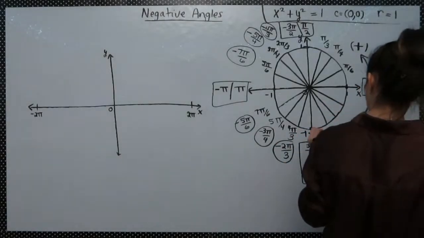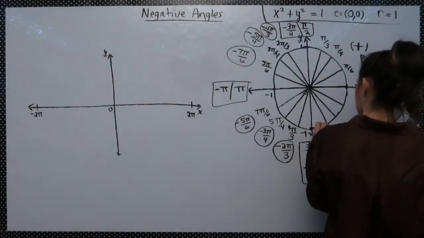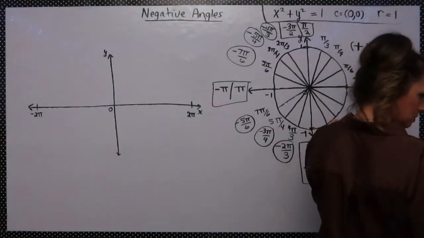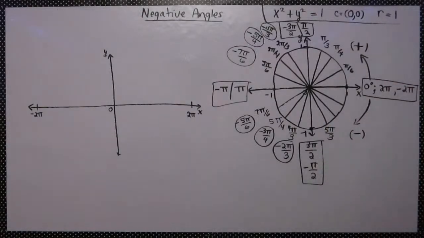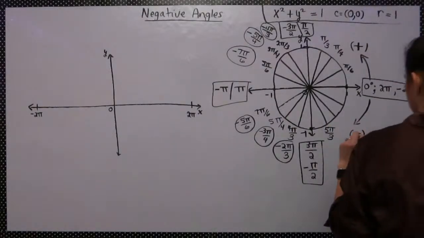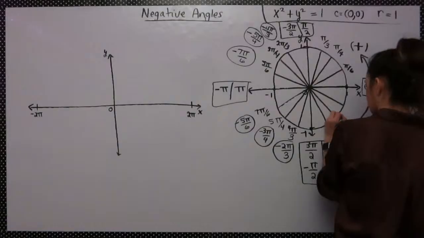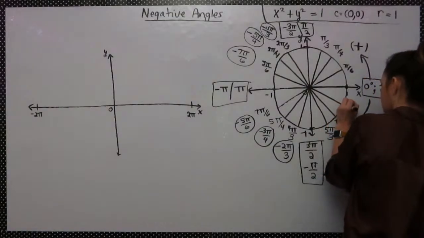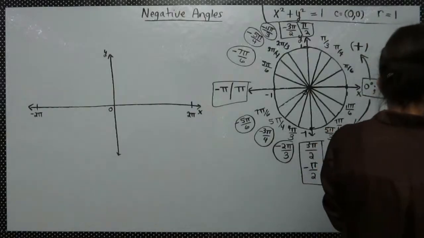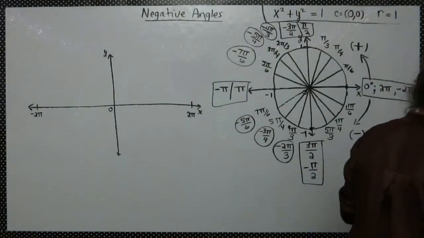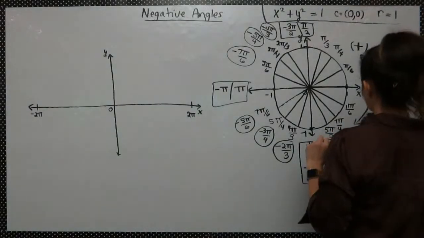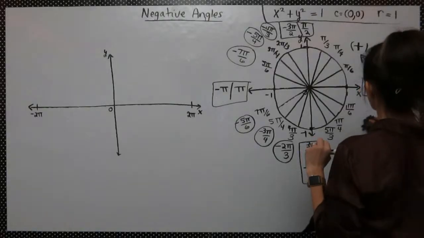That was 5 pi over 3, and then 7 pi over 4 and 11 pi over 6. Okay, all right, good. So I'll go ahead and erase this so I can write these other angles in.